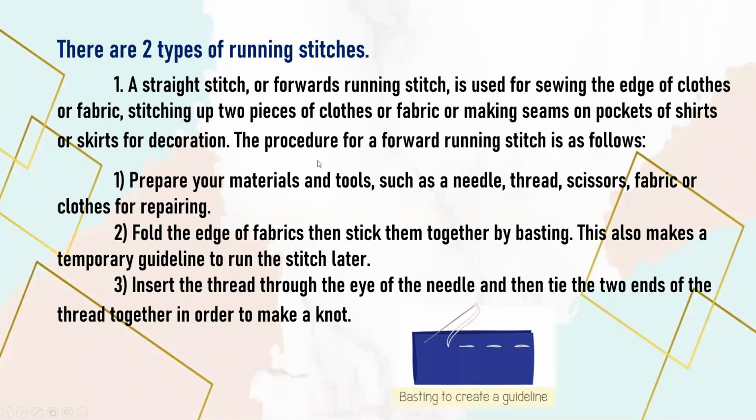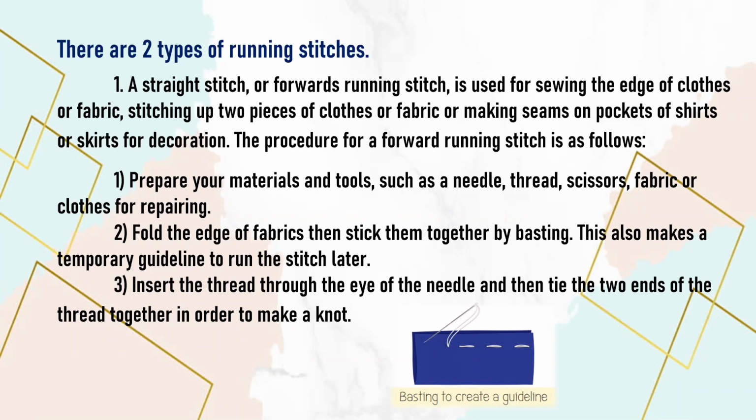The procedure for a forward running stitch is as follows. So here a straight stitch is actually running forward, like it's going forward, right? That is actually used for the edge of the cloth, the fabric.